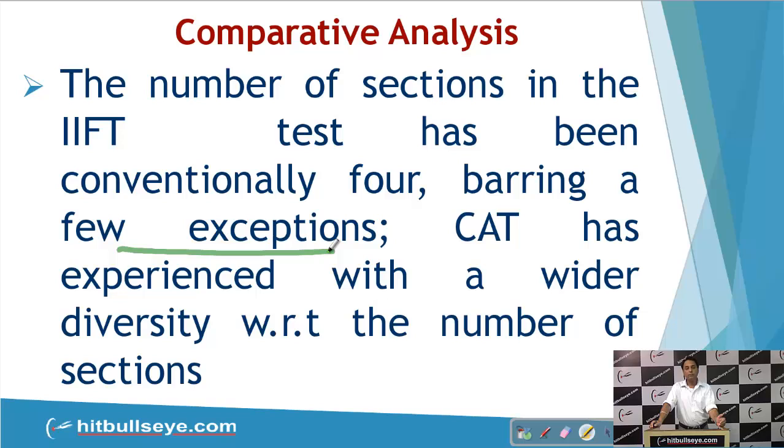CAT, however, has experienced a wider diversity in terms of the number of sections. We have seen the number of sections in the CAT go from 2 to 3 to 4.